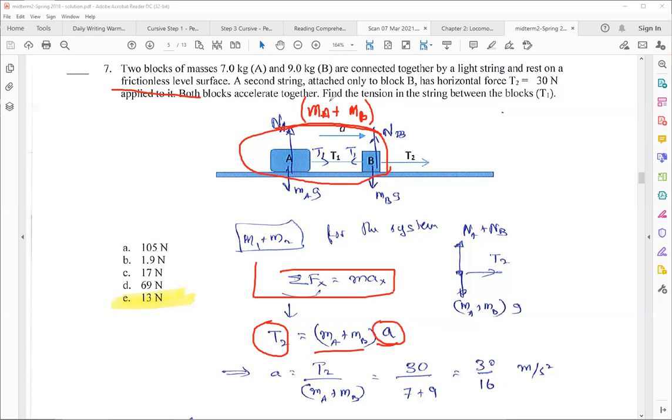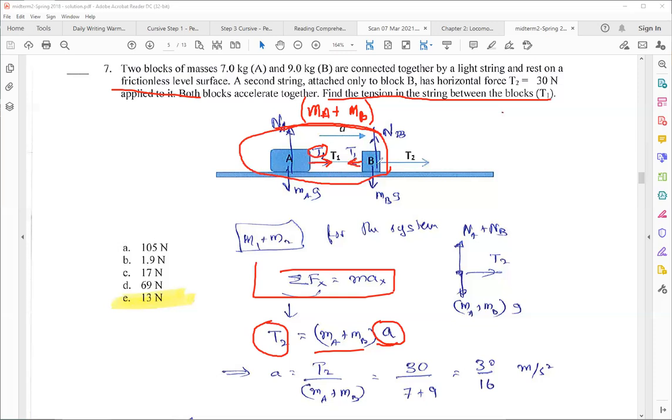Remember, the question is to find the tension in the string between the blocks, A and B. So I'm looking for tension 1. On the side of block A, it is pulling to the right, but on the side of block B, it is pulling to the left.